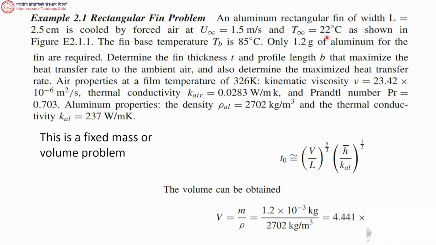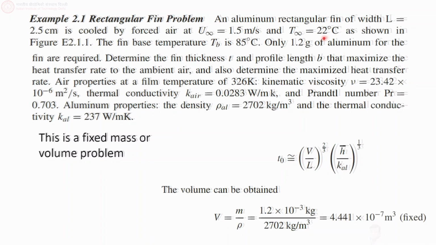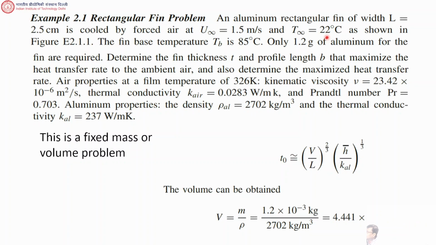It is to get h, the convective heat transfer coefficient. Air is flowing over this, so this is flow over a flat plate, and you can use the correlations we have already learned in undergraduate for flow over a flat plate.